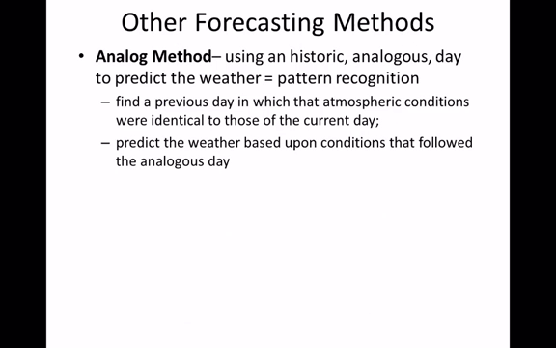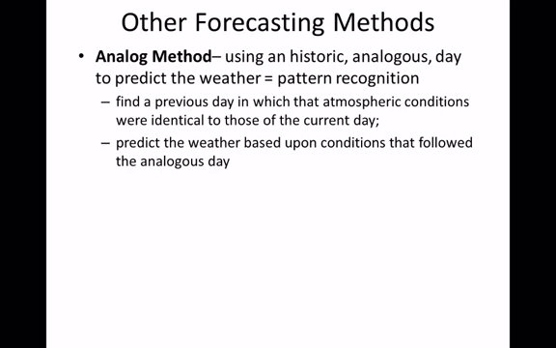Another one, and to me you would need a computer for this one, is called the analog method. An analogous situation is basically like Groundhog Day. You've been here before.